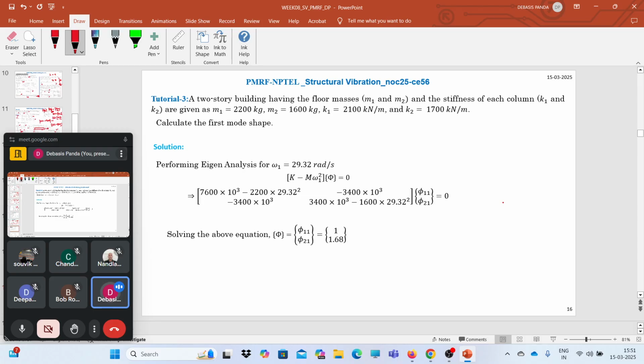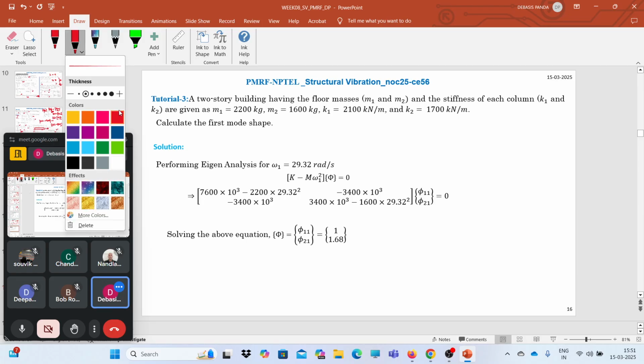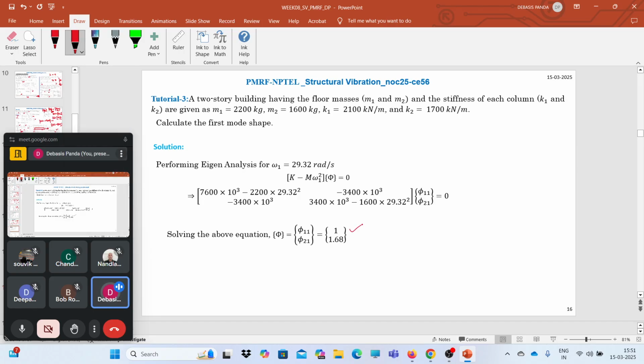Now, a similar kind of question: calculate the first mode shape, that means corresponding to the first natural frequency. After solving it, the first mode shape comes as 1 and 1.64, so it will be phi 1 1 and phi 2 1. Here they have considered the first mode shape, so it will be the opposite of this, it will look like this.